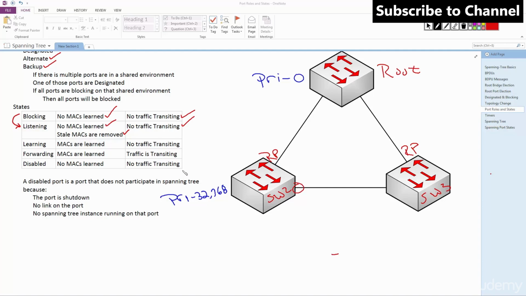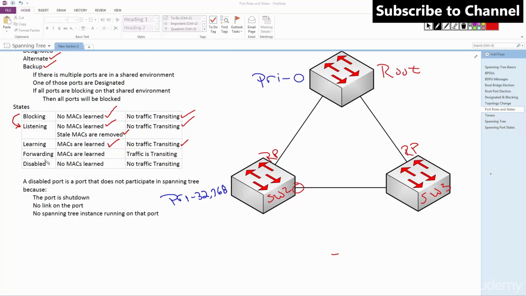Okay, so during this stage, there's no traffic being transitioned at all. Now, the learning stage is very important because during this stage, we are going to be learning MAC addresses. This way, when we go into the forwarding stage, our MAC addresses will already be learned on that particular port, and we can just go right into forwarding and everything will be fine and converged. But again, during the learning stage, there's no traffic being transitioned.